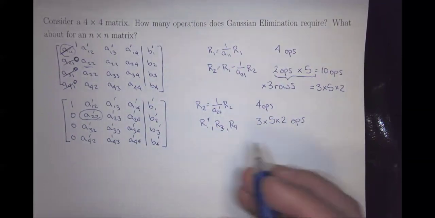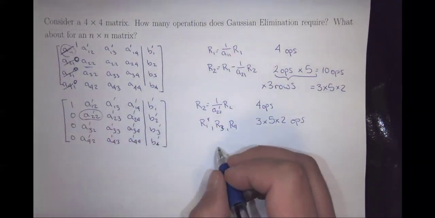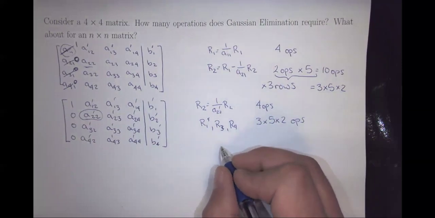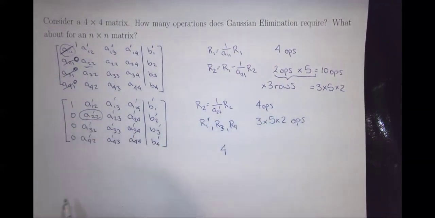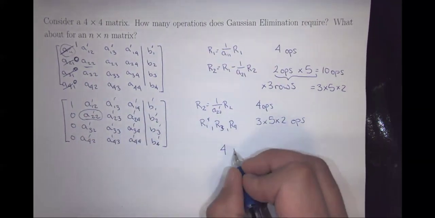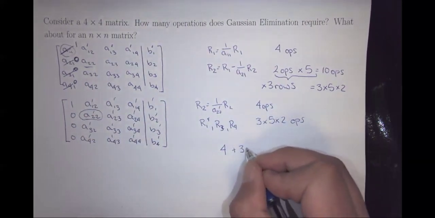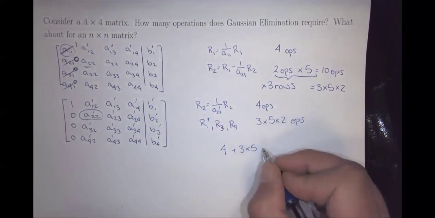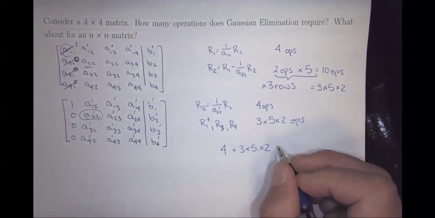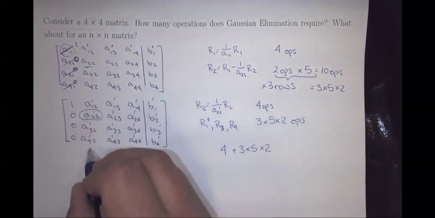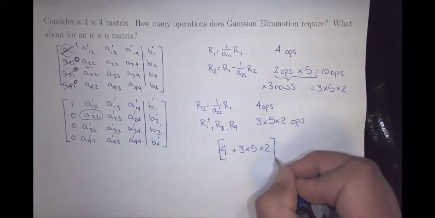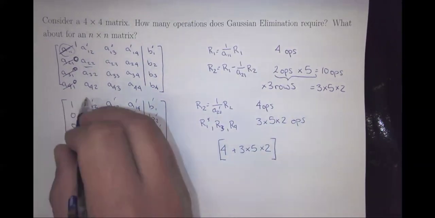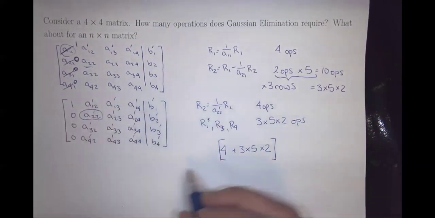So for every column, we're going to need 4 operations to get our pivot 1, plus 3 times 5 times 2 operations to get the rest of our zeros. And we need to do this for every column. So we did it for column 1, 2, 3, 4.